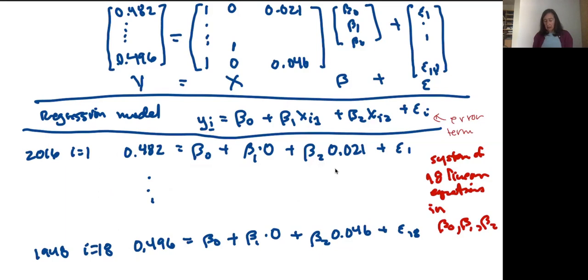That gave us a system of 18 linear equations where now the data are our coefficients. That's the weird thing. The data are the thing we know here, and we're trying to estimate our parameters. So in this system of 18 equations, the numbers are different in each of the equations, but we always have beta 0, beta 1, and beta 2.